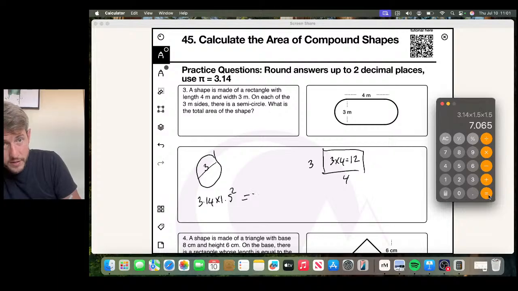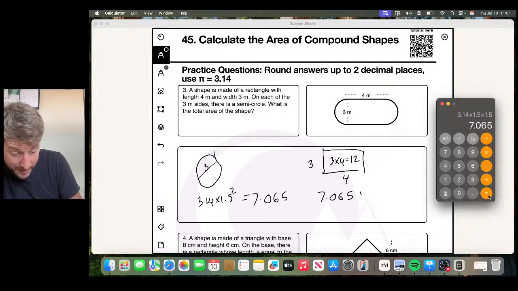So that's going to be 7.065. So we've got 7.065, add 12, and that's going to be 19.065. They've said to 2 decimal places, so that's going to be 19.07 meters squared.